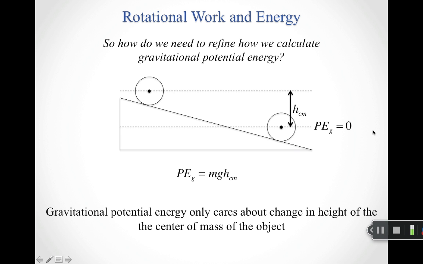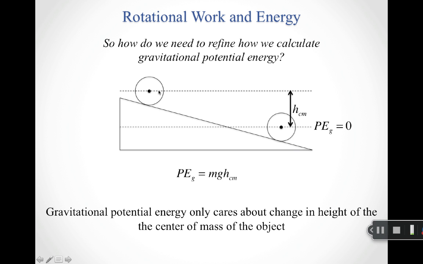mass finished. So when we're working conservation of energy problems with rotational kinetic energy, we're going to do the same thing that we've been doing. We're going to pick a 0 point for the gravitational potential energy. It's basically where the center of mass is at either the beginning or end. Here I've chosen it to be at the end, the lower point.